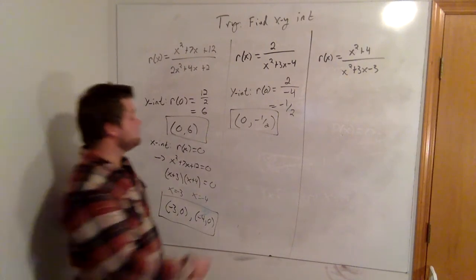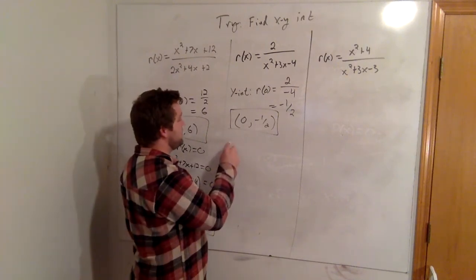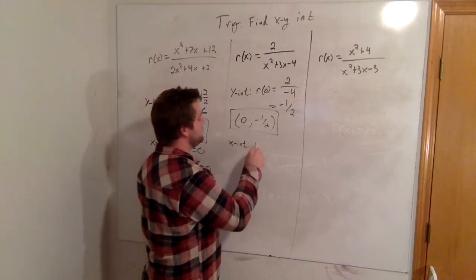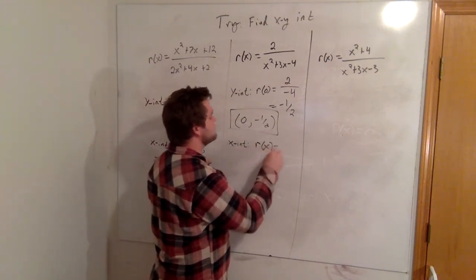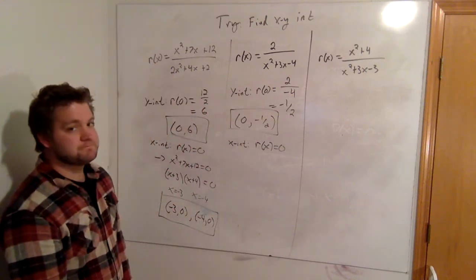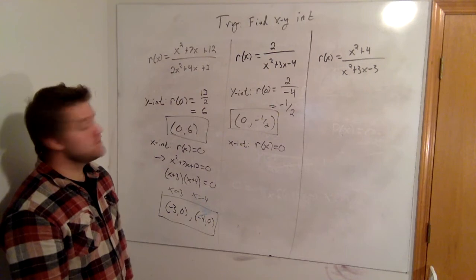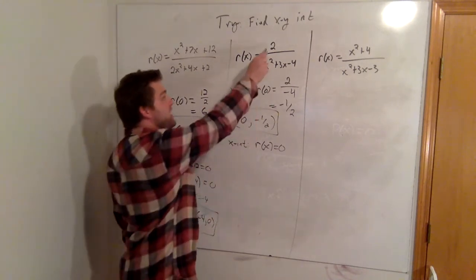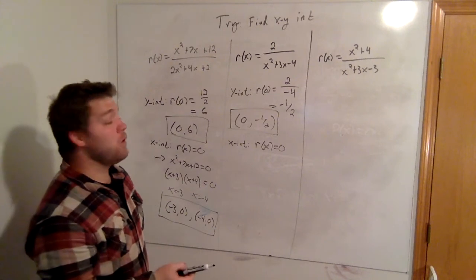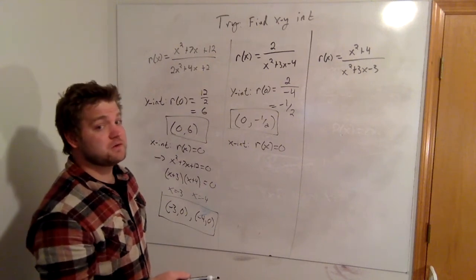For our x-intercept, what do we want to do? We want to know when r of x is equal to 0. Notice that if I'm trying to figure out where this fraction is 0, remember a fraction is only ever 0 when the numerator is 0.